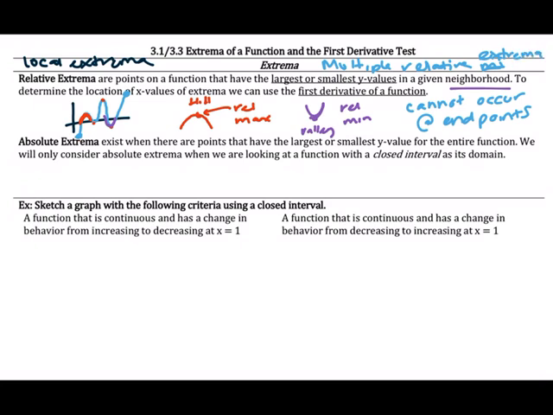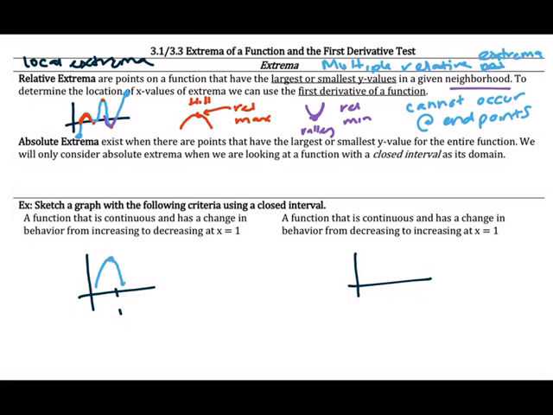So let's think about what it is that causes an extrema in a function. So here we're going to sketch a graph with the following criteria. It says we have a function that is continuous and has a change in behavior from increasing to decreasing at x equals 1. So this function was increasing, and then when it gets to 1, it starts decreasing.